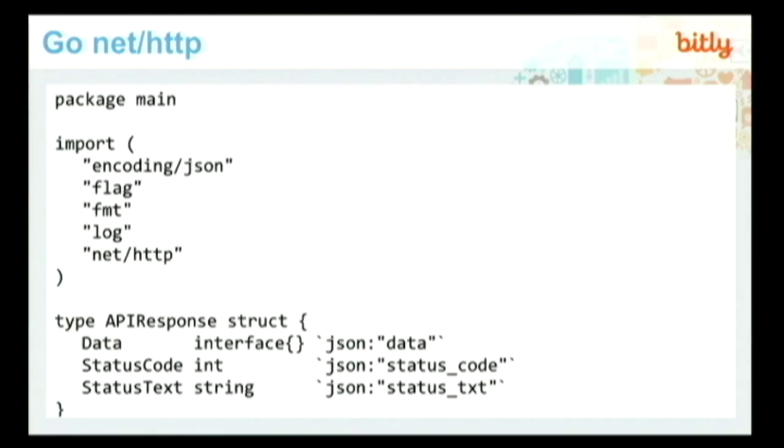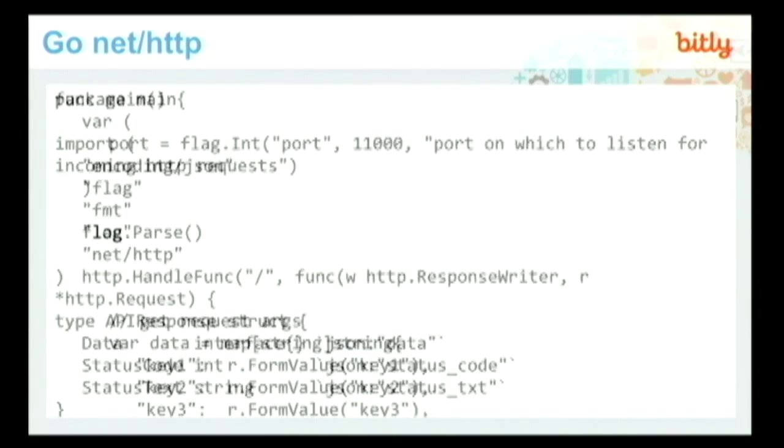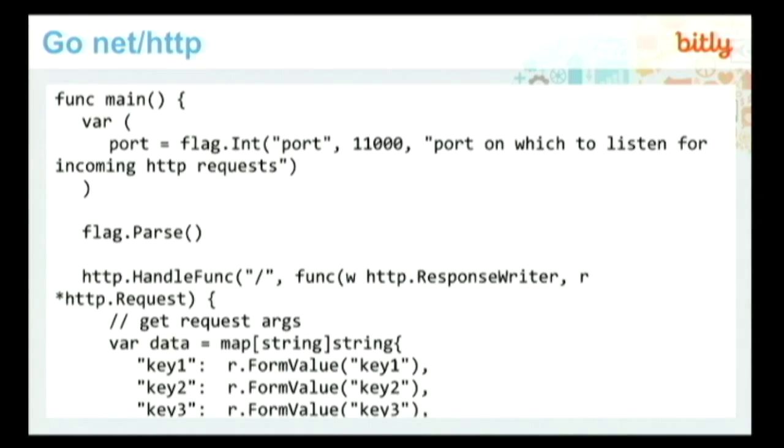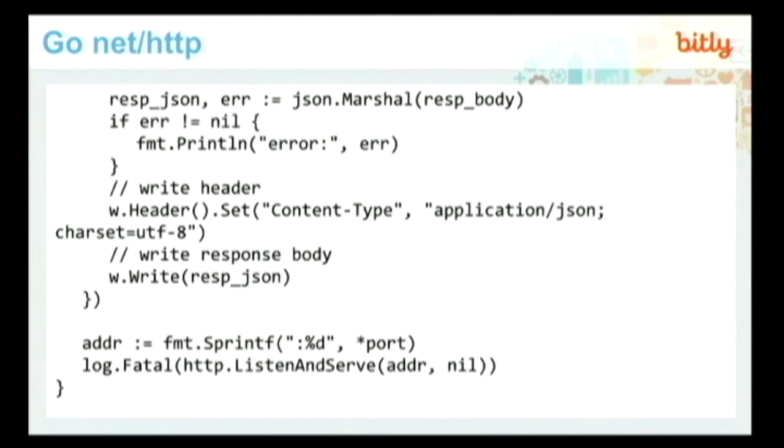The Go version is really verbose and takes up 4 screens worth of code compared to 2 screens worth of code for the Python versions. So that's a thing to be aware of. You're going to be typing more and maybe having a little more carpal tunnel if you're going with Go. So these are the implementations.